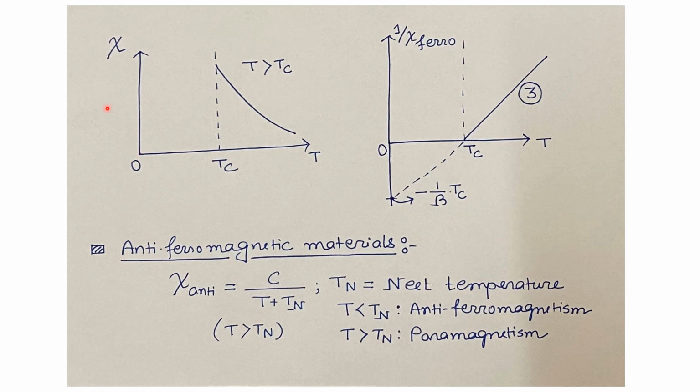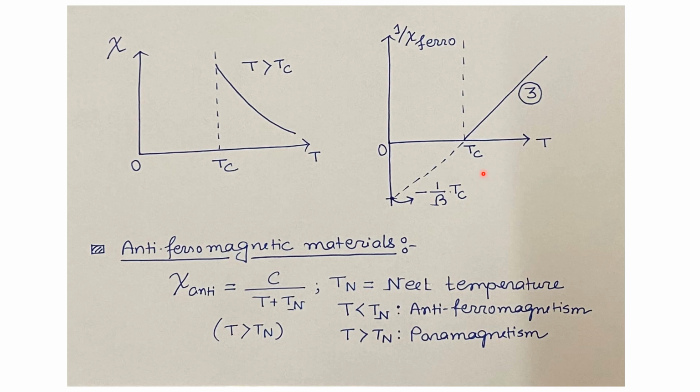If we plot chi versus T for a ferromagnetic material at T greater than Tc, then the curve will look like this. Now we'll plot 1 by chi ferro versus temperature. 1 by chi ferro is proportional to T minus Tc, so it will be a straight line and it will intersect the 1 by chi ferro axis at a negative value, that is minus 1 by B times Tc.